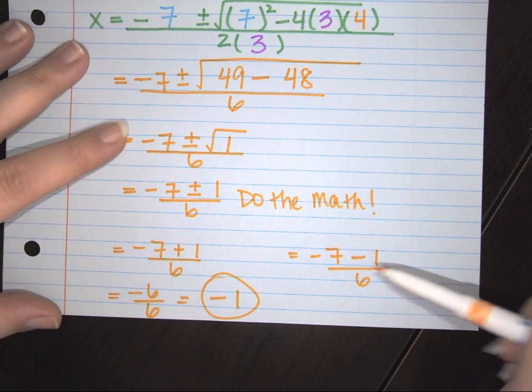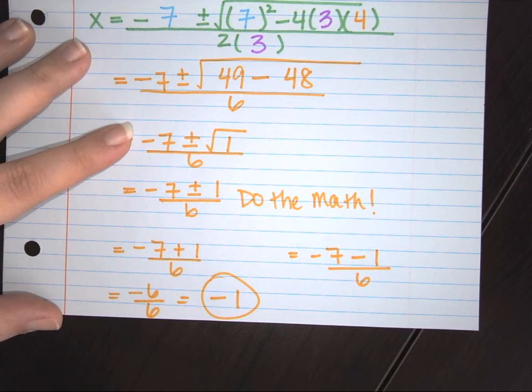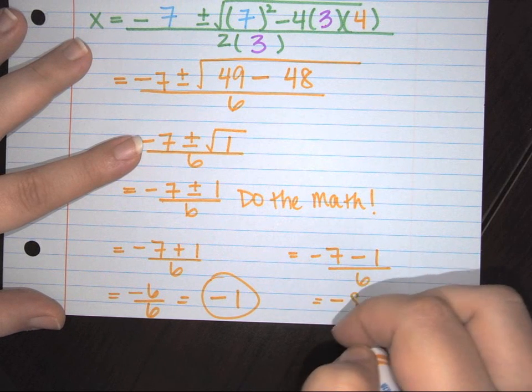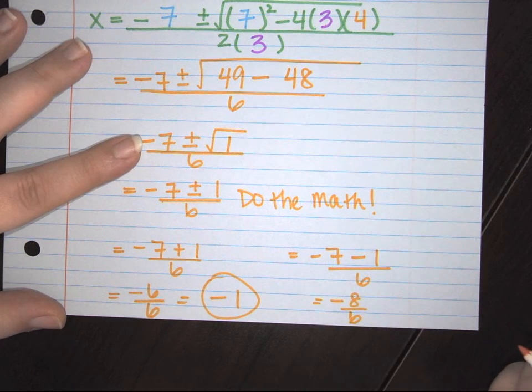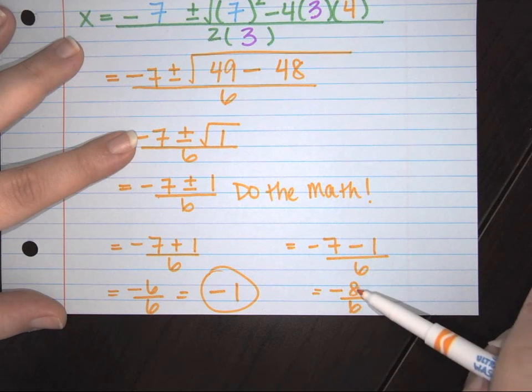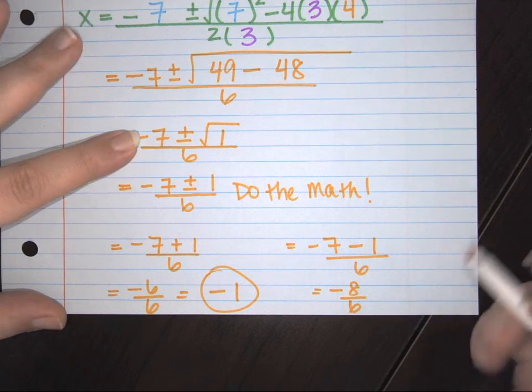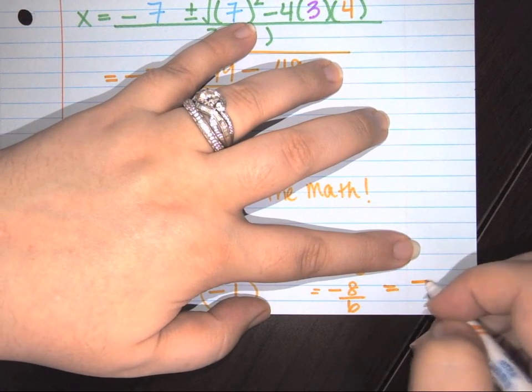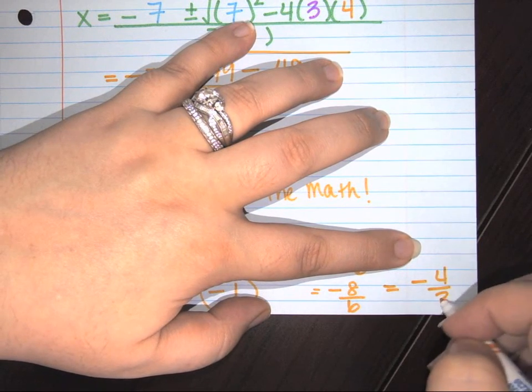And then on the other side, I have negative 7 minus 1, which is a negative 8. So this is negative 8 over 6. And I can reduce that. I can divide 2 out of both. So this is going to become a negative 4 over 3.